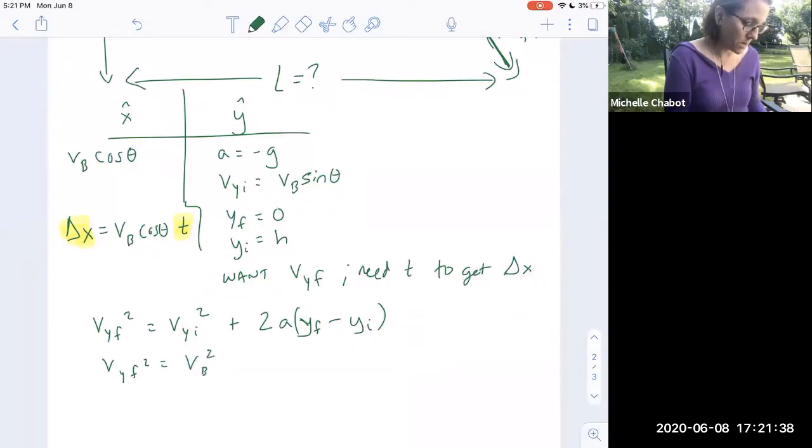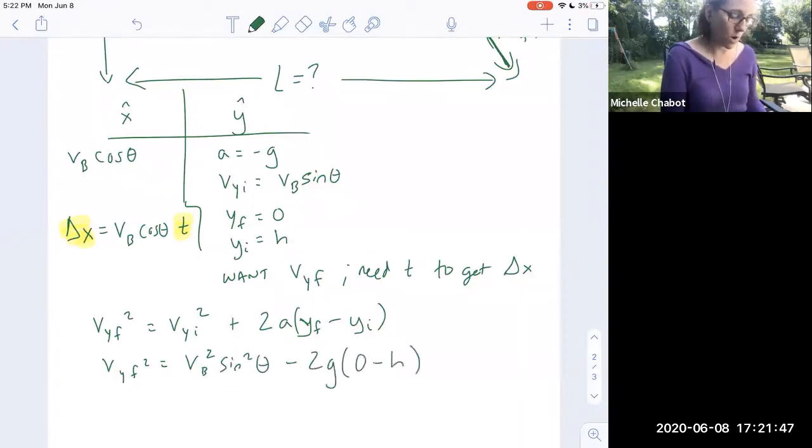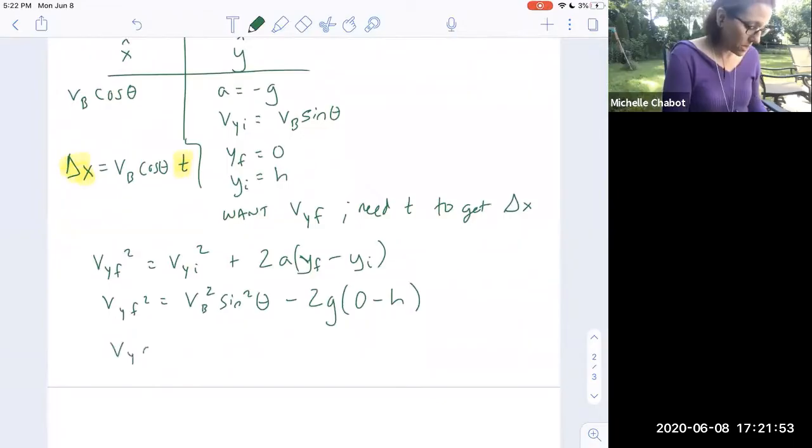So Vb squared sine squared theta minus 2g, and then y final is 0 minus y initial, which is h, so 0 minus h. And then there's going to be a trick here that's really important. This is going to be Vb squared sine squared theta plus 2gh.